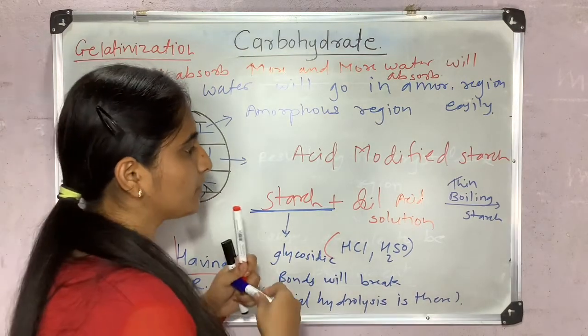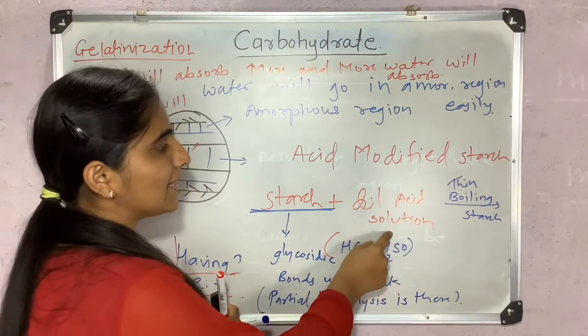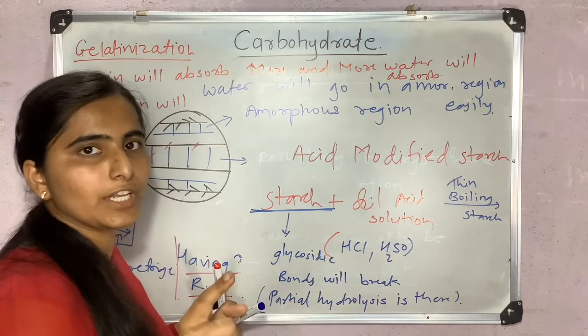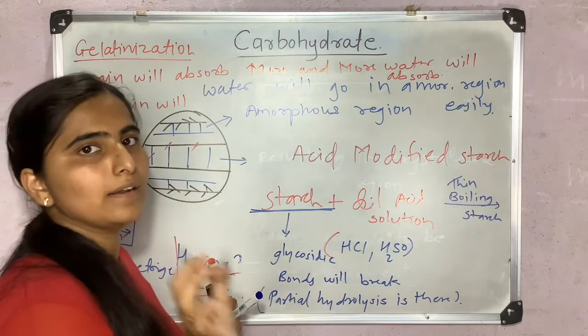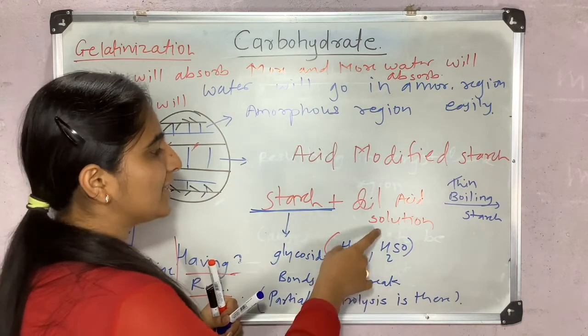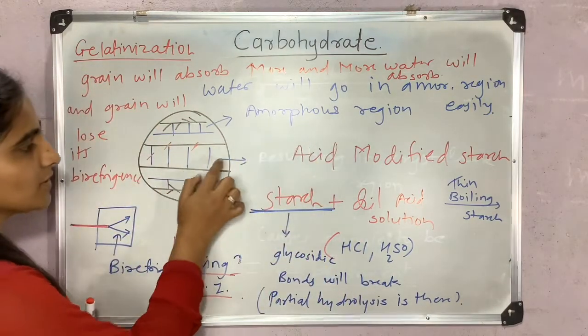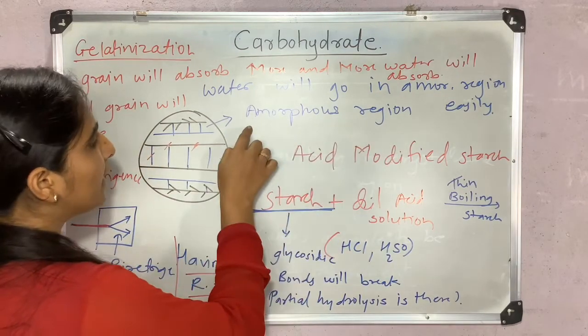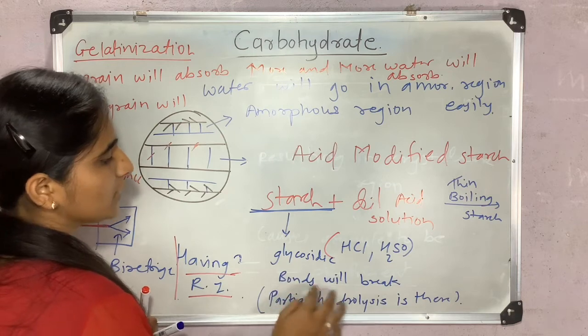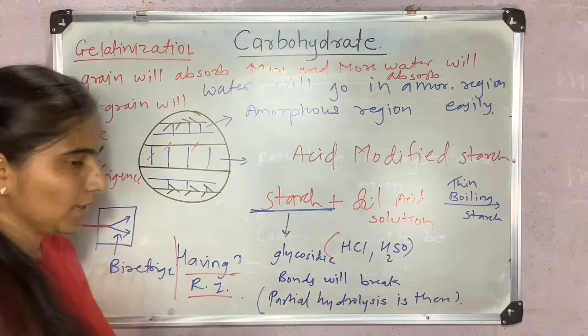This acid will attack preferentially on the amorphous region, as amorphous regions are more susceptible to acid attack than crystalline regions. Therefore, acid will attack first on the amorphous region and will break glycosidic bonds present in those polysaccharides.